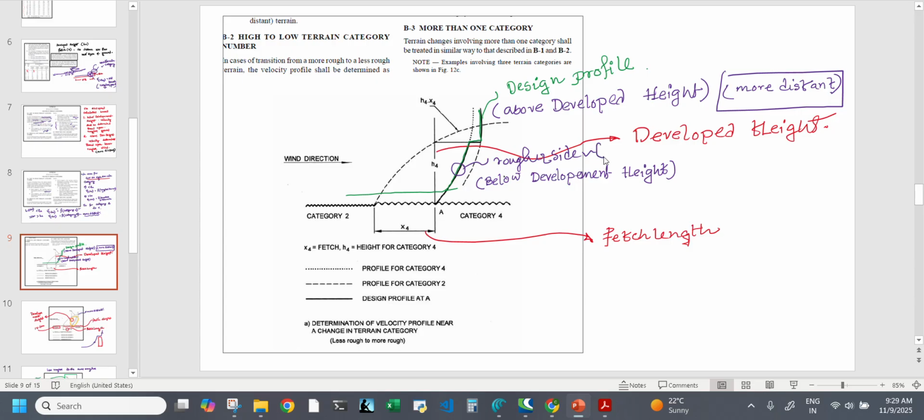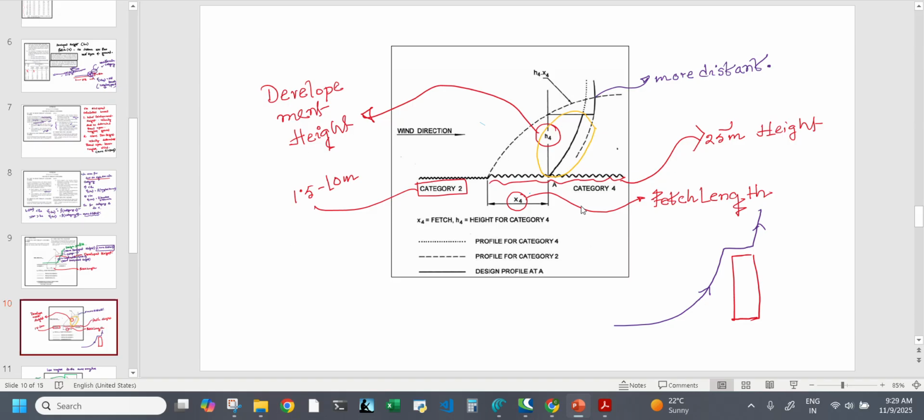That means according to category 4, and this part is determined based upon category 2. So this is the fetch length, and this is the developed height.